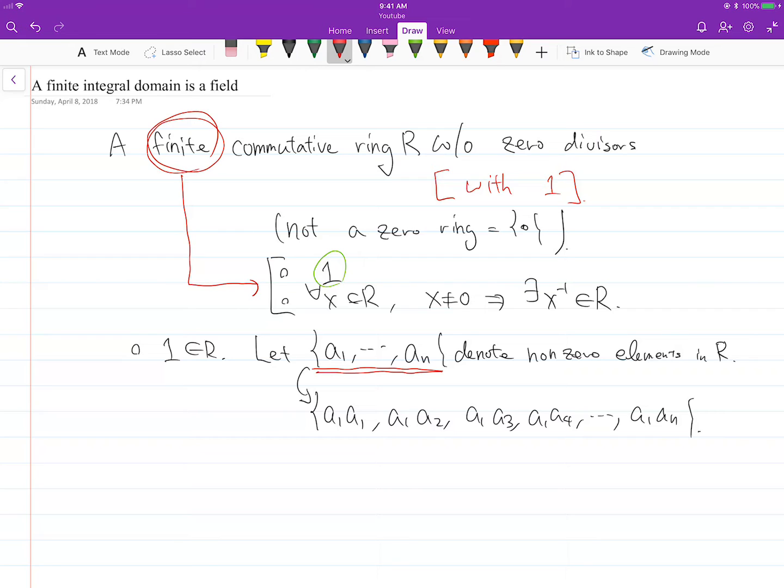Actually the side doesn't matter because R is commutative, but just for style, we'll have this.